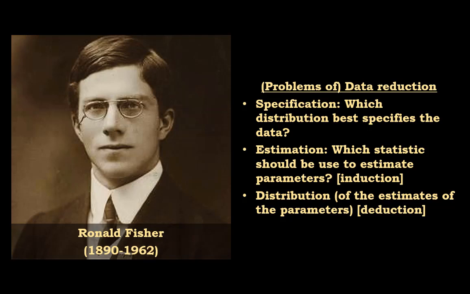Statistic means, in this context, some measurement that we have of the sample of data we collected. So the mean is a statistic. The standard deviation is a statistic. A percentile is a statistic. The median is a statistic.